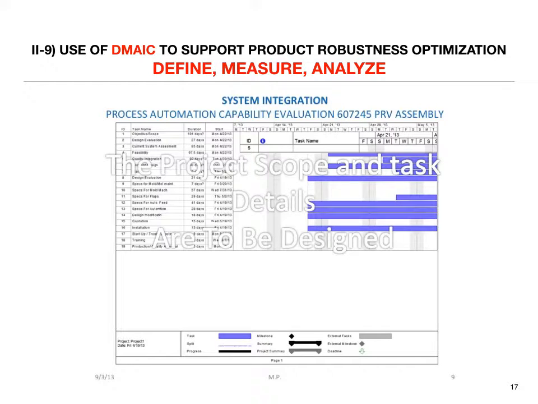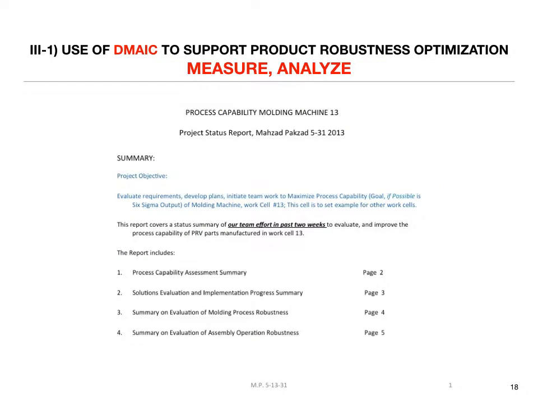Then this was my plan to report the project status in a Microsoft Project report for keeping the management up to date. Okay, the next section is the project status report of weeks after my evaluation of process capability.